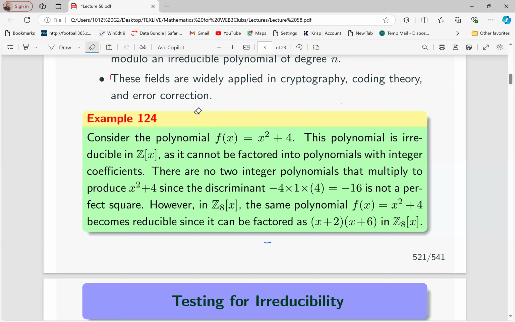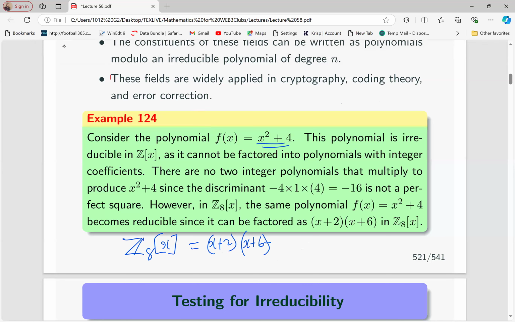For instance, when you consider this same polynomial in the field of integers mod 8, then you find that this polynomial can be factorized as x plus 2, x plus 6, and I'll be showing you how to do this in a short while.